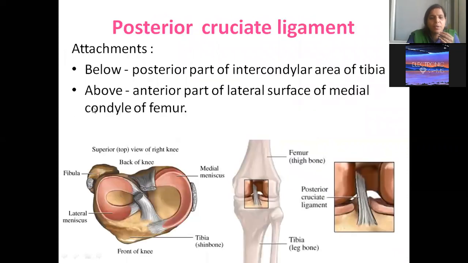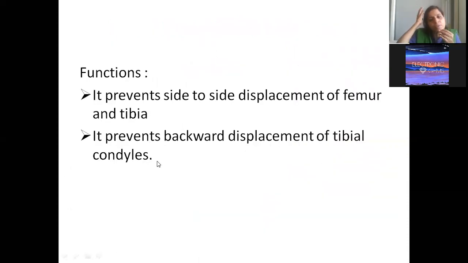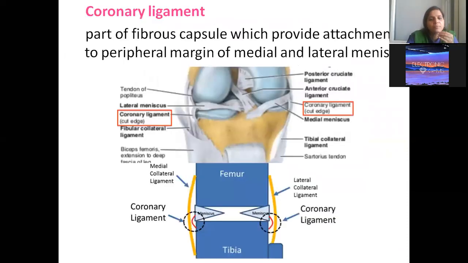It will be written the same: above, anterior part of the lateral surface of the medial condyle of the femur. That is how it is attached. So it prevents side-to-side displacement of the femur and tibia. It also prevents backward displacement of the tibial condyles. Based on their attachments and positions, they are named.